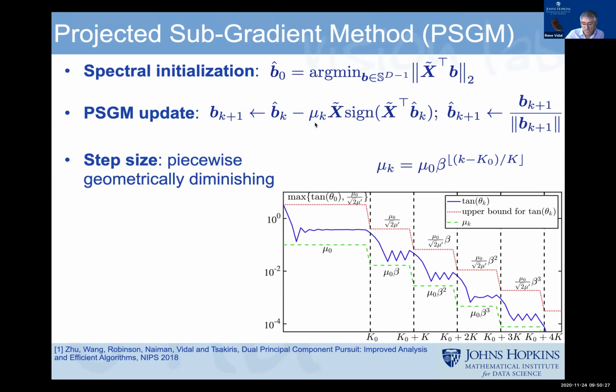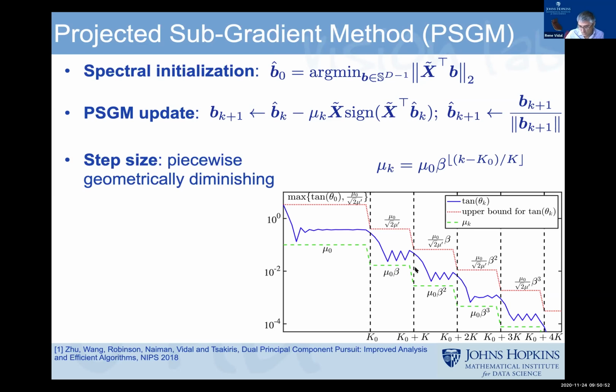The key insight from JHU's work is to choose the step size in a piecewise geometrically decreasing rate. So mu0 is the initial step. Beta is a rate of decrease. Look at the green curve: the rate is constant for k0 iterations, and then you multiply it by beta, which is less than 1.